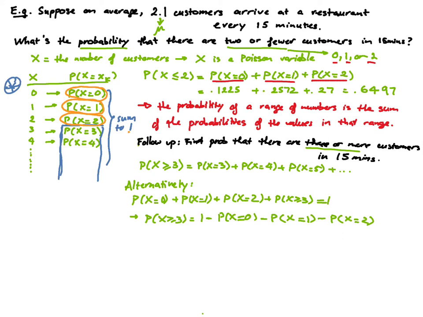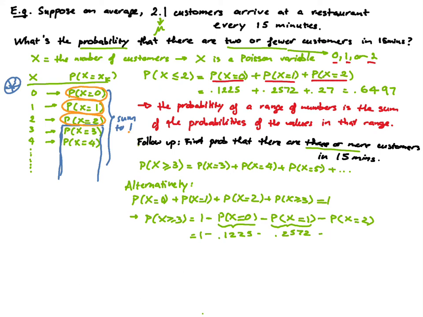But then we know the probability that x is 0 is 0.1225. We know the probability that x is 1 is 0.2572.